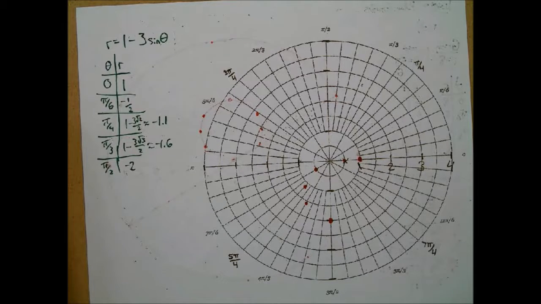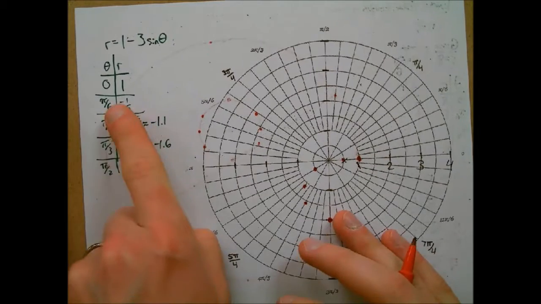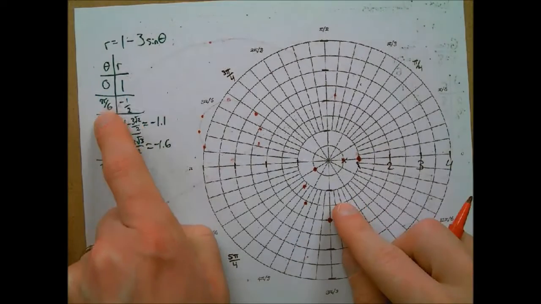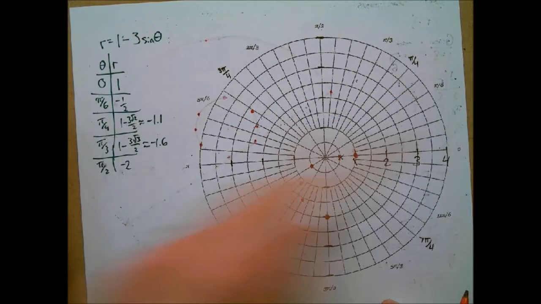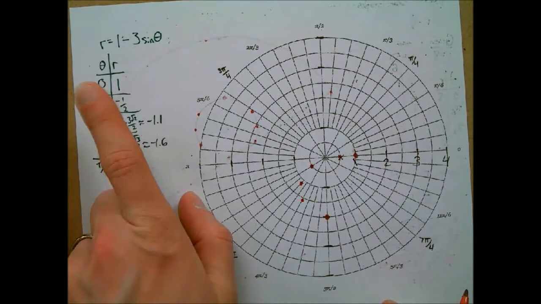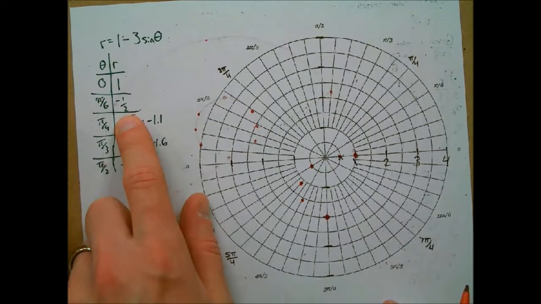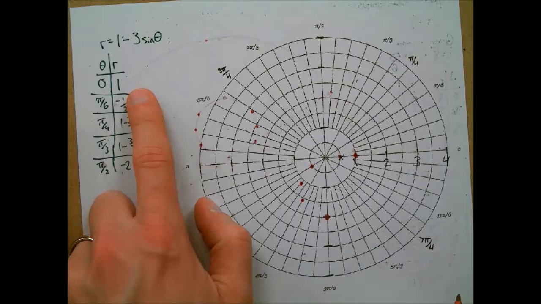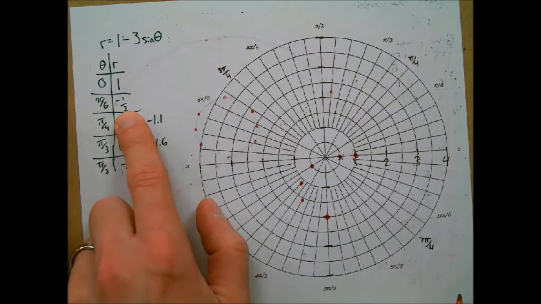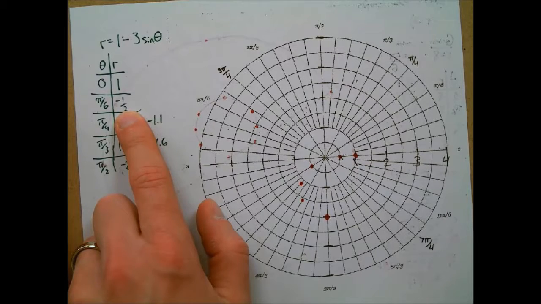Now, here again, it's a little bit tricky, but we do have some help. As we rotate from 0 to pi over 6, our r value goes from 1 to negative 1/2. Which means what important r value are we going to hit? Between 1 and negative 1/2, we're going to hit an r value of what? 0. 0, right?